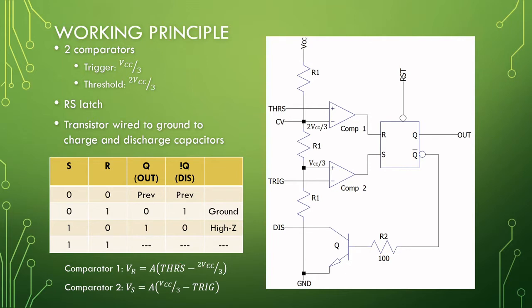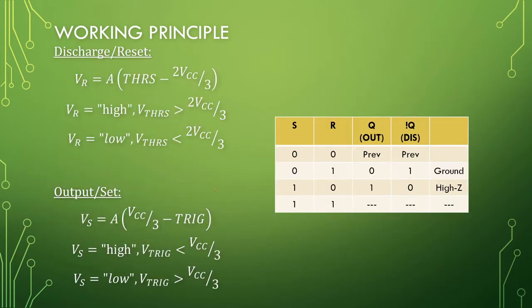So whenever one of these breaches a threshold, the output will either be a high or a low, so either a 1 or a 0 going into the RS. VR will be a high when the threshold is greater than 2 times VCC over 3, and VR will be a low when the threshold is smaller than 2 times VCC over 3. So this is to trigger a discharge or a reset.